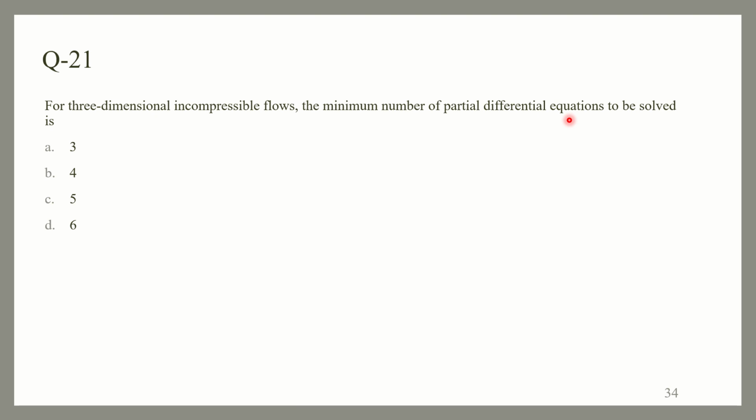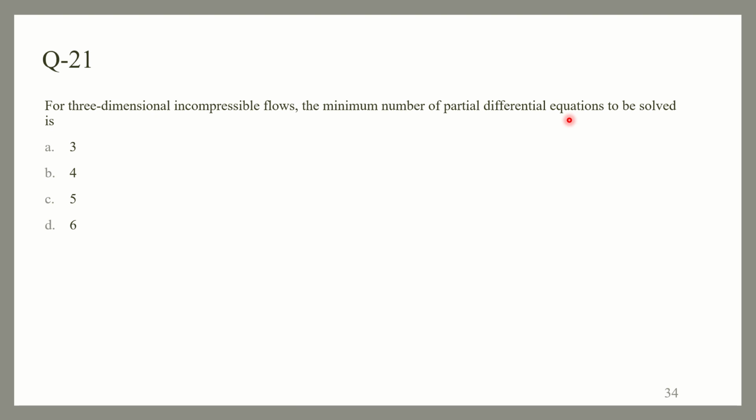Again here it is an incompressible system, so we are not dealing with any density changes, so we can ignore the energy equation as well unless there is any significant temperature change in the system. So we have one continuity equation and 3 momentum conservation equations, like x direction, y direction and z direction momentum conservation equations. So it is totaling up to 4.